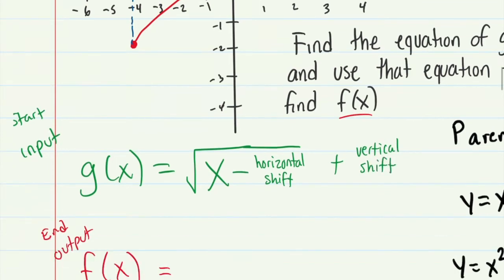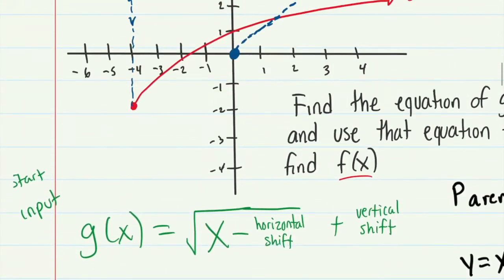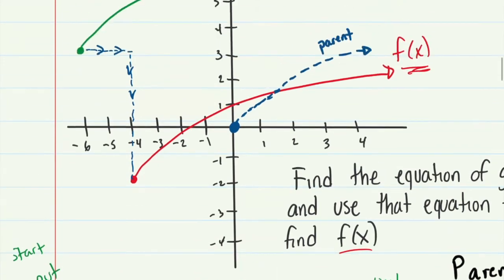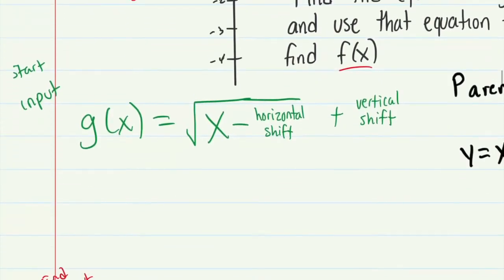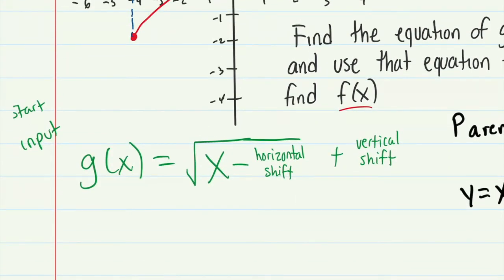Okay, let's make some space here. So, with that in mind, let's go from the parent to the green one. How many did I have to move up? Well, this point is negative 6, 3. So I had to move up 3, which is plus 3. So on the outside, we're going to put a plus 3.